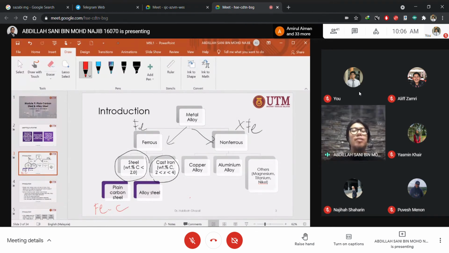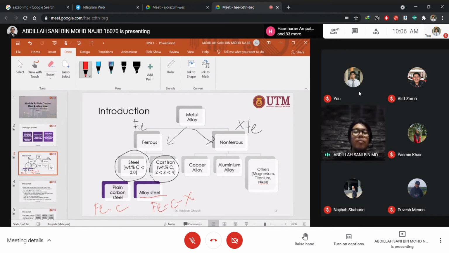Intentionally, we just alloy the iron with carbon only. On the other hand, we have the alloy steel, which we alloy not only with carbon but with other metals. So we have plain carbon steel and alloy steel.